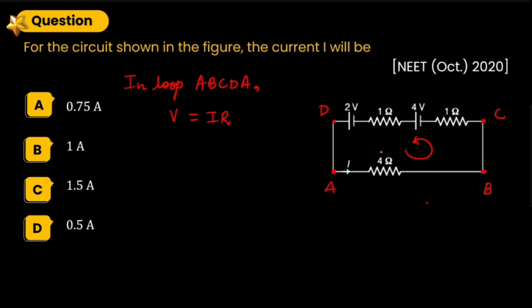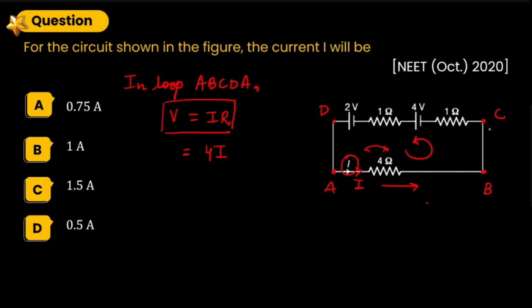We are supposed to read the circuit from A to B, and we see that the current is flowing in this direction, and we are also going from A to B. So the direction of current and our reading sense of the circuit are both the same, right? So we'll write 4 times I, like this current times this resistance, on the right hand side as per Ohm's law equation.